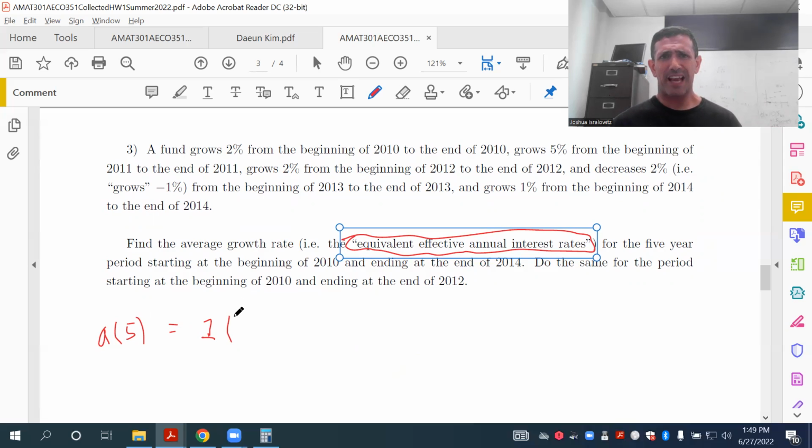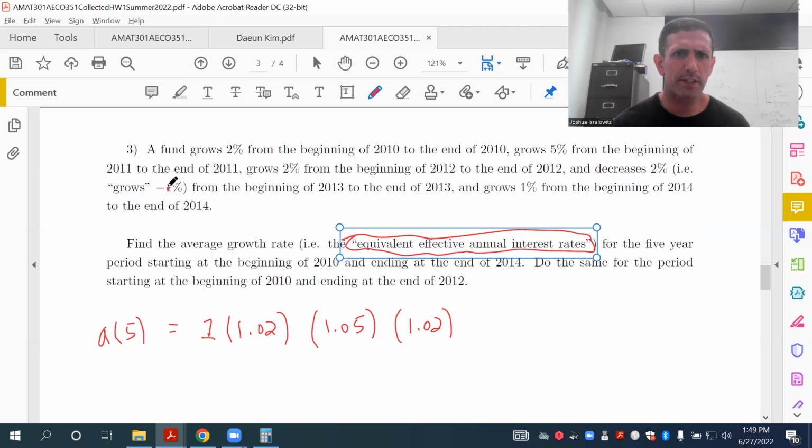In the year 2010, $1 grows by 2%, so it's 1.02. That itself in 2011 grows by 5%, so it's times 1.05. That in 2012 grows by 2%, so it's 1.02. Actually, I fixed this.